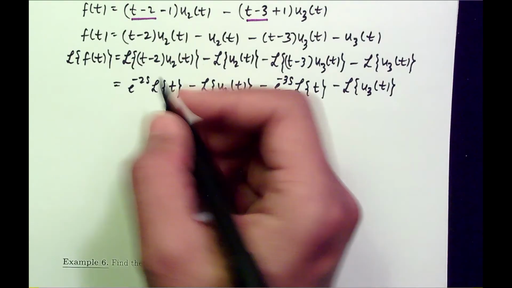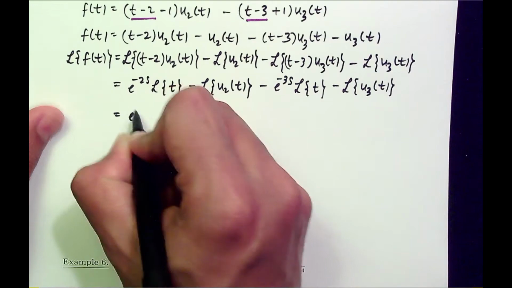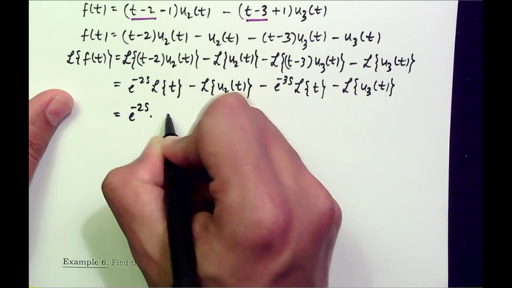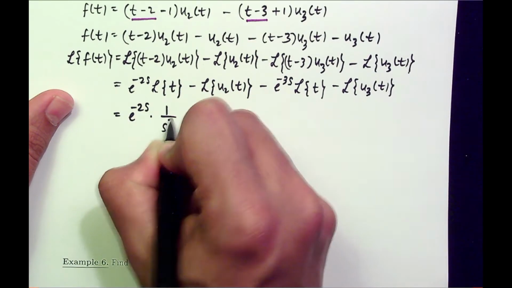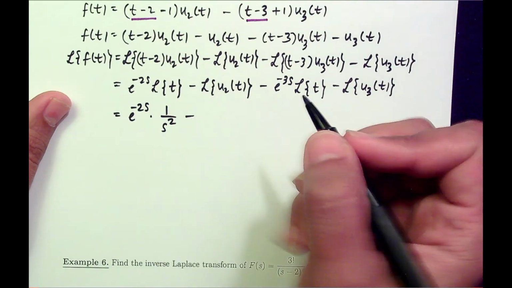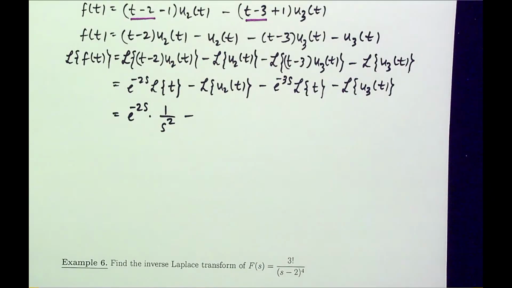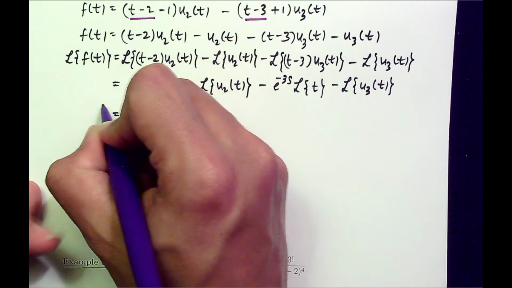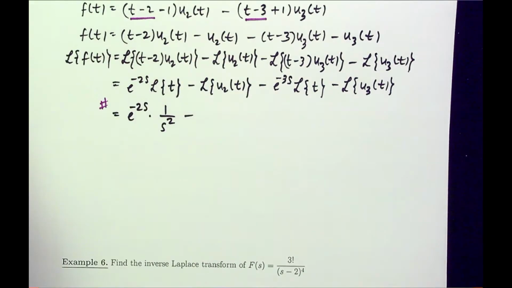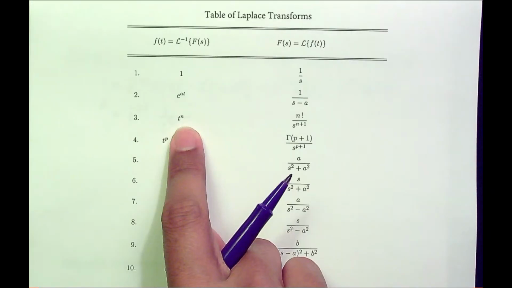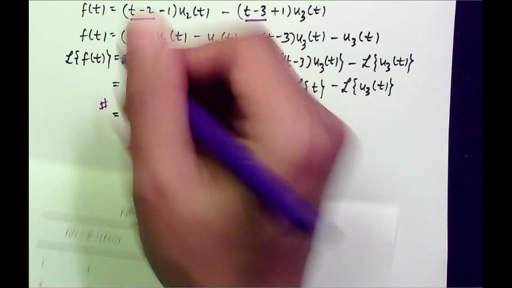Okay, so that means this is equal to e to the negative 2s times 1 over s squared. Now, the Laplace transform of u2, and by the way, we should write down the number that we used. This was formula number, row number 3 in the table.